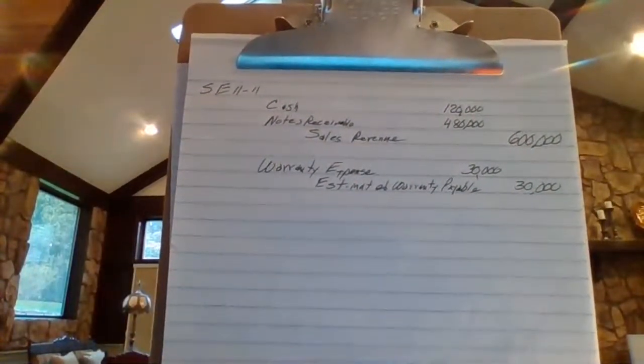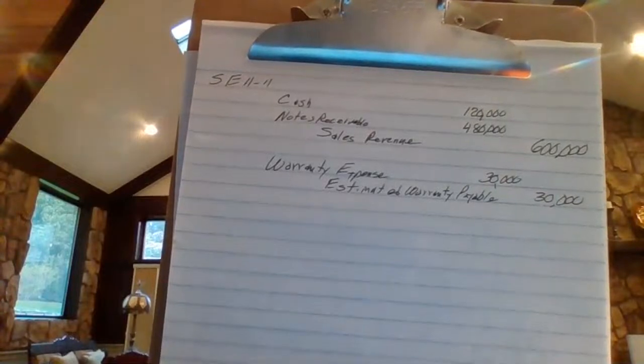Well, 5% of 600,000 would be $30,000. Now we had claims of $10,000. So that'll go against the liability we just recorded, estimated warranty payable. And a credit to cash.